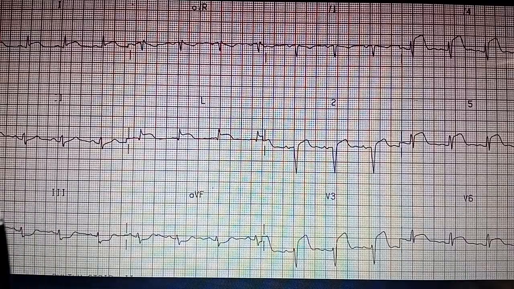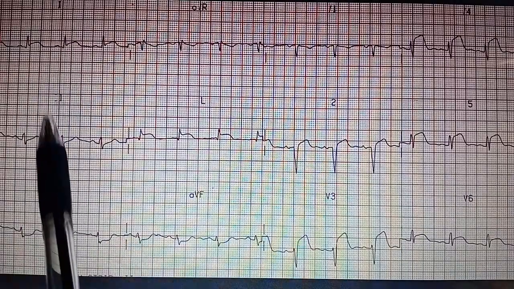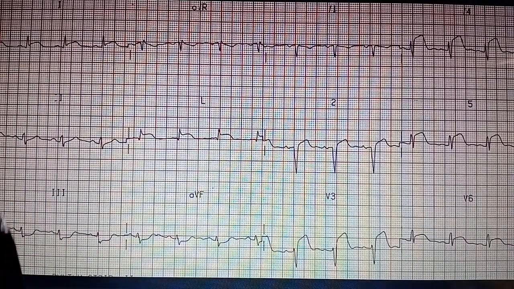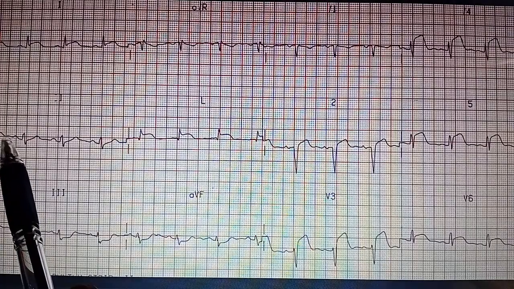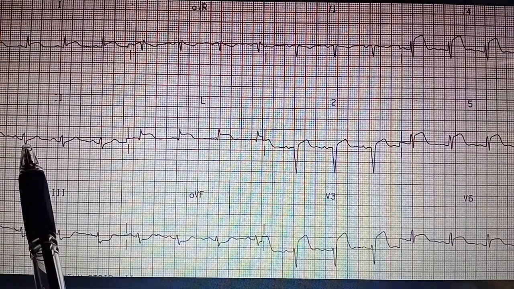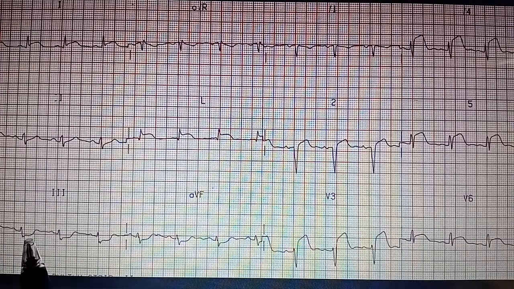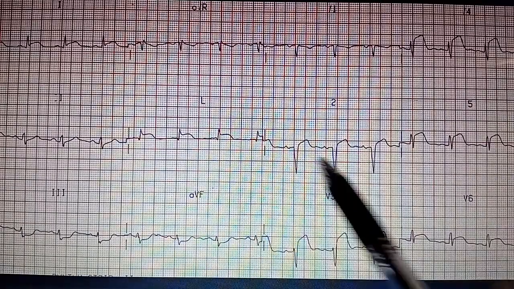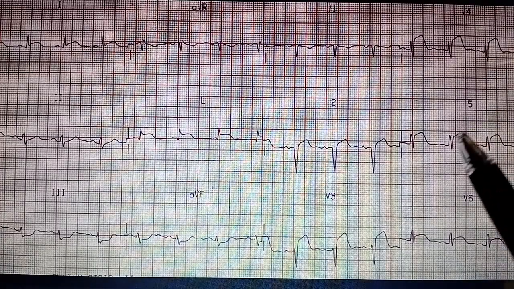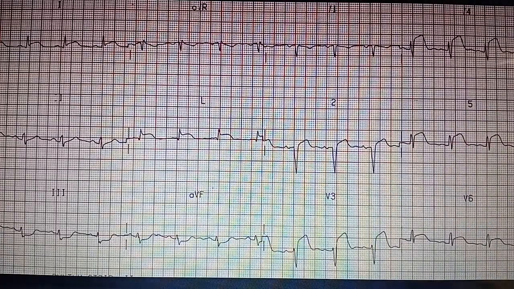On the other hand, we have ST depression in leads 2, 3, and AVF. As you can see, this is the isoelectric line, and the ST segment is slightly depressed. So there is ST depression in these leads, and in AVF there is also ST depression. So this is the classical case of anterolateral ST elevation MI.